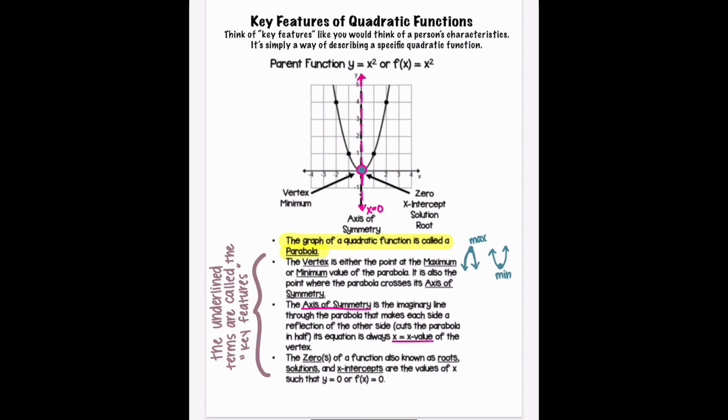Next, you have the zeros, roots, solutions, and x-intercepts. Those are four different words that all mean the same thing when you're talking about key features of a quadratic. The zeros, roots, solutions, and x-intercepts are all just the points where the parabola crosses the x-axis.